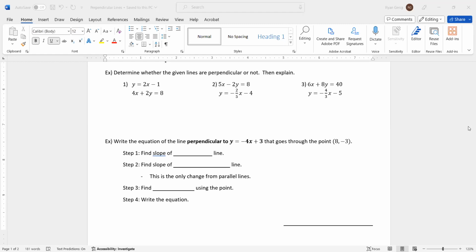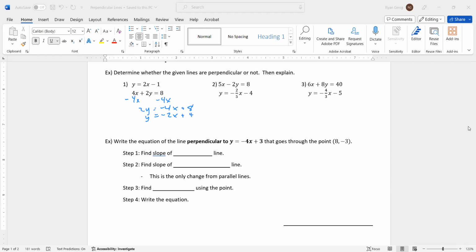So the first one, I'm going to subtract 4x from both sides. I'm going to get them both in slope-intercept form. Divide by 2, I get negative 2x. 8 divided by 2 is 4. So notice that the y-intercept really doesn't have anything to do with perpendicular.